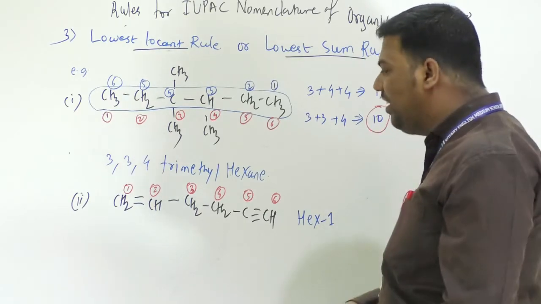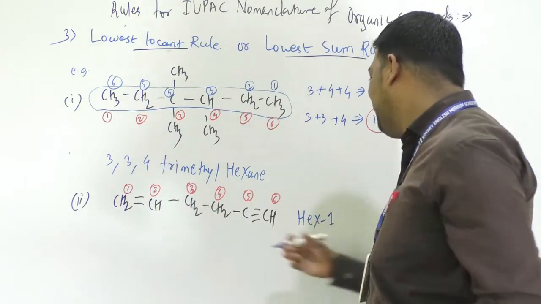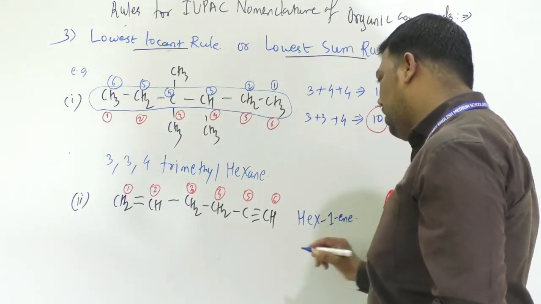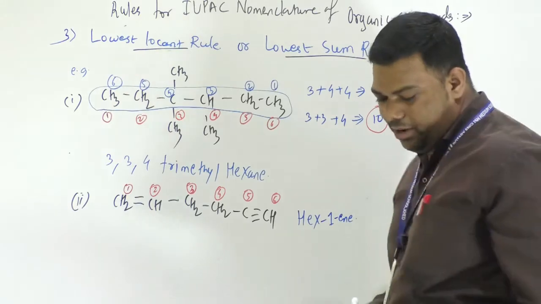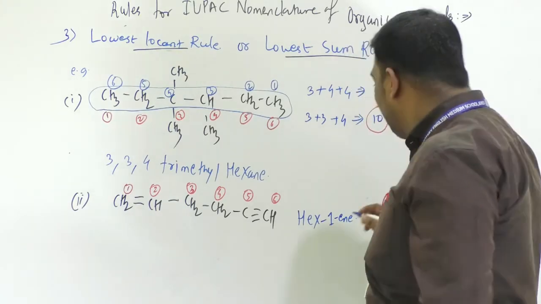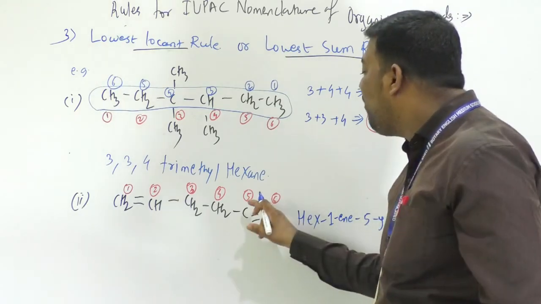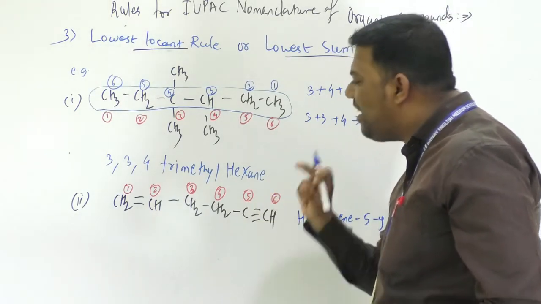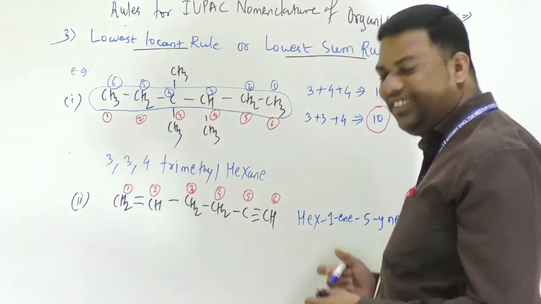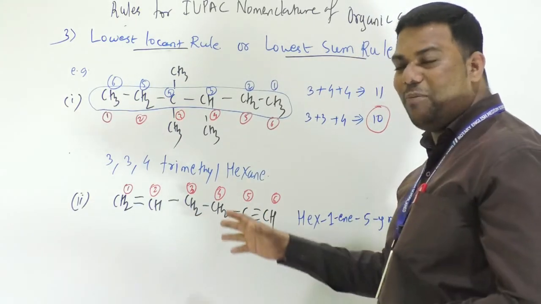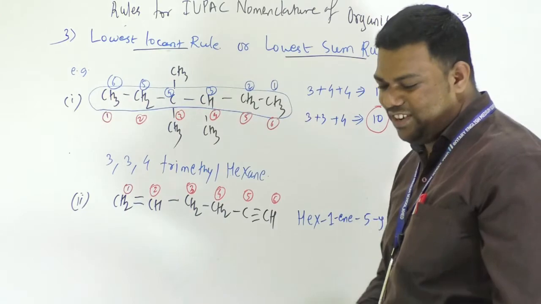So be careful: hex-1-en, then 5-yne. 5-yne means triple bond. I will paste the nomenclature for this organic compound.